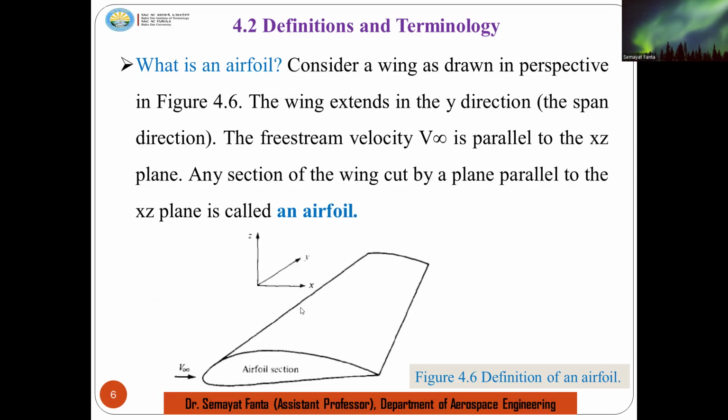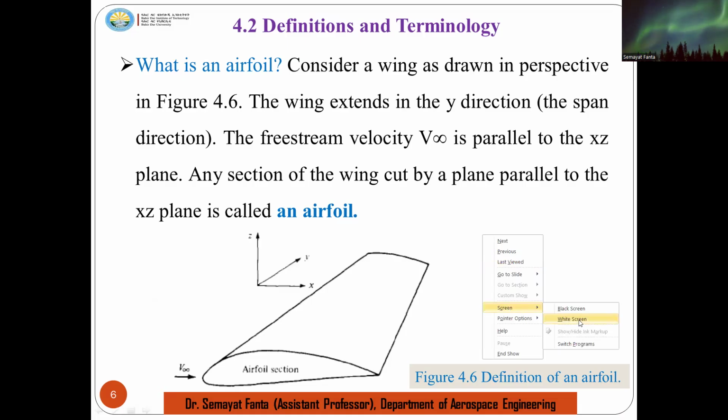If we cut this half wing span at some arbitrary location, and when we observe the cross-sectional cut portion of the wing, what we observe is the aerofoil shape. So it is just a shape, okay?